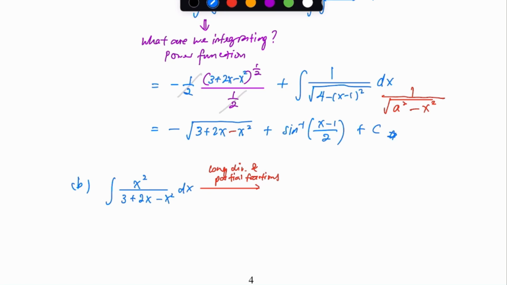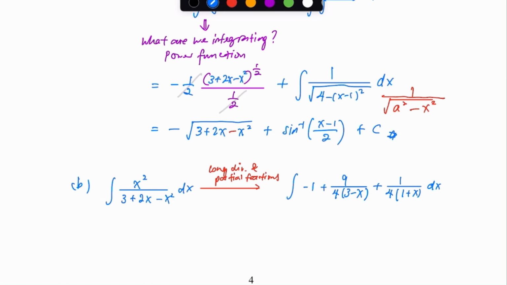So we will only get something like this: negative 1 plus 9 over 4 times 1 over 3 minus x, plus 1 over 4 times 1 over 1 plus x, dx. So there are only 3 marks. The first mark is to change to that form, long division and partial fraction. So that's the first mark.